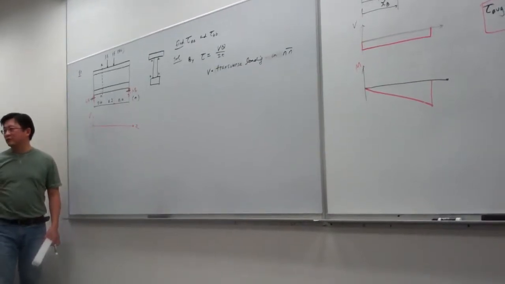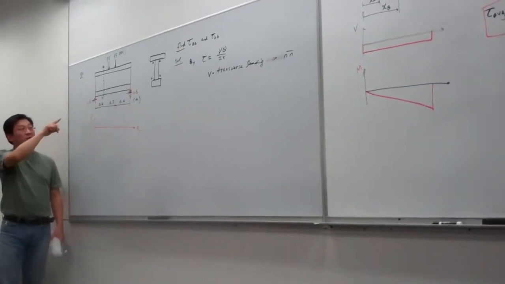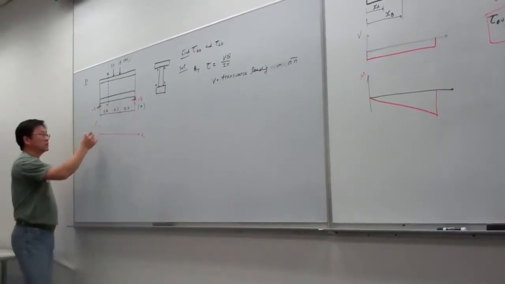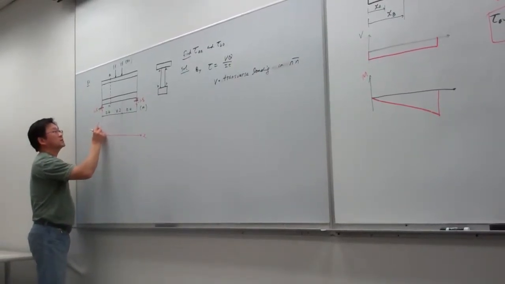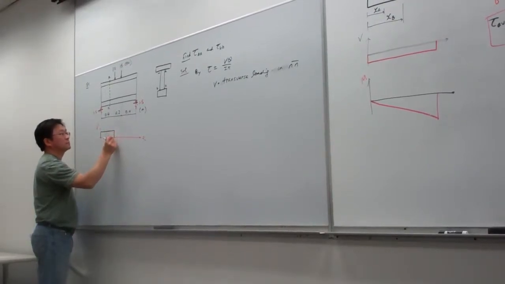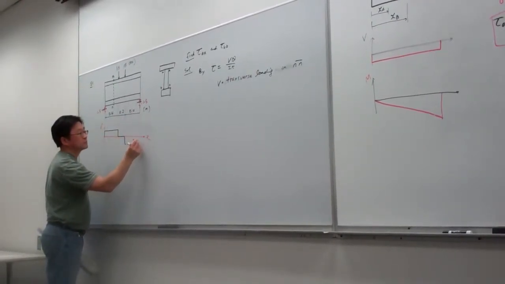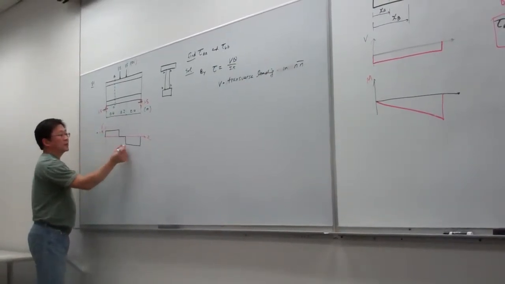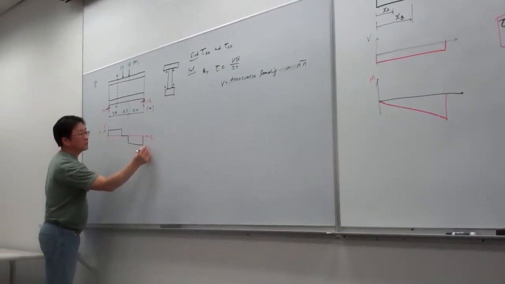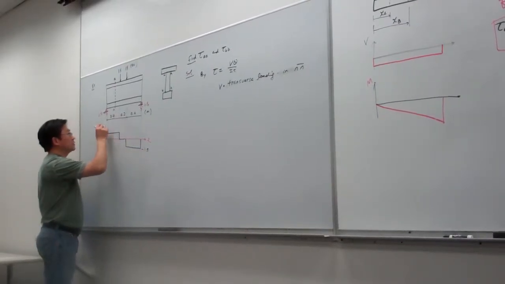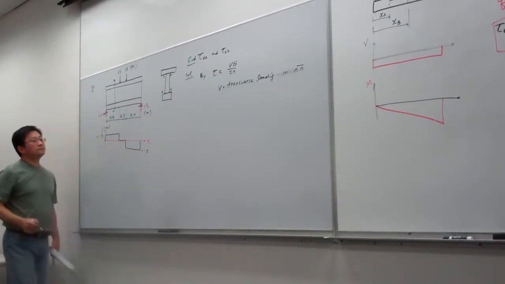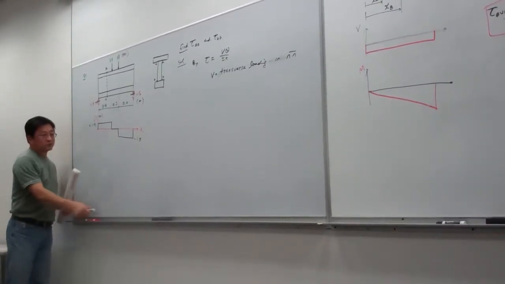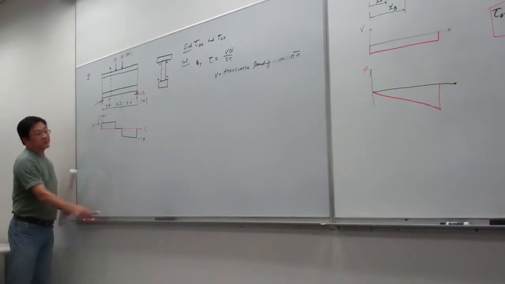Otherwise, we simply go to the static equilibrium to calculate the reactions. Once we have the reactions, then we can draw the shear. So the shear will be like this. This is 1.5, and the value here is minus 1.5, in kilonewton. So this is the distribution of the shear force.